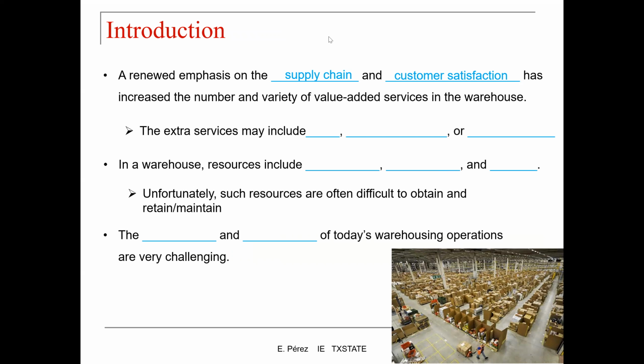The extra services may include kitting, special packaging, and label application. In a warehouse, resources include people, equipment, and space. Unfortunately, such resources are often difficult to obtain and maintain. So the planning and management of today's warehousing operations are very challenging.